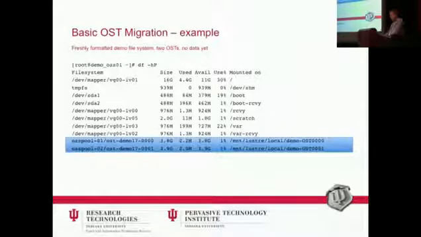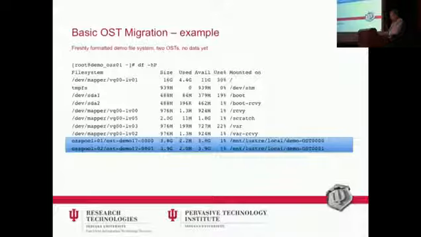So what we started with was a brand new file system on our demo environment. We created 2 OSTs, and they're referred to there as demo 17-0000 and 0001. You can see their size. There's really nothing there.